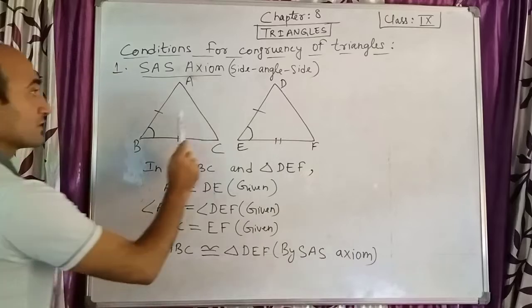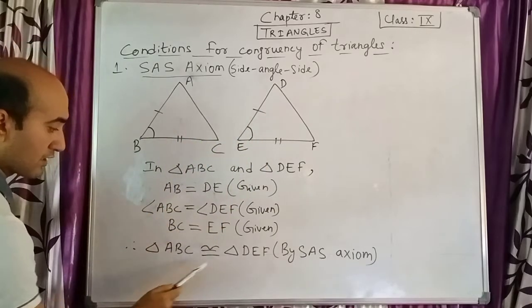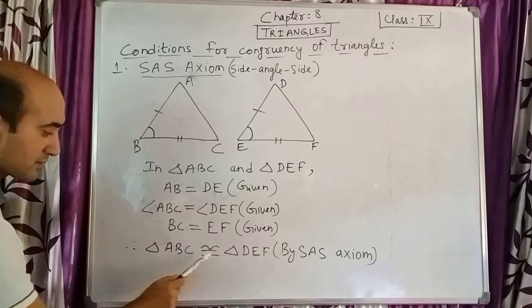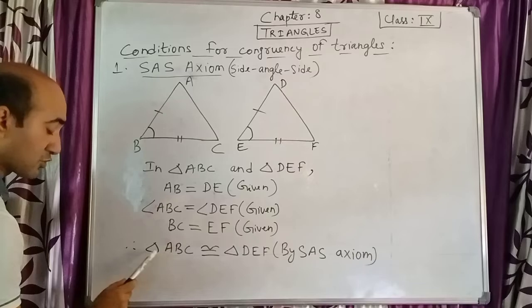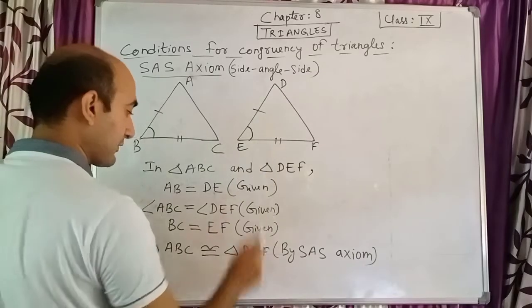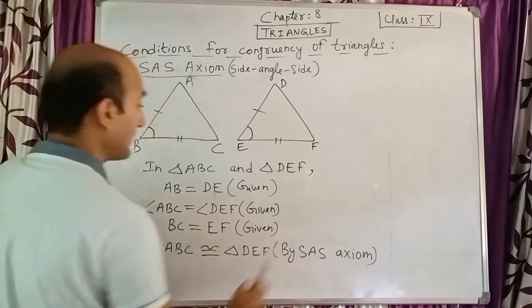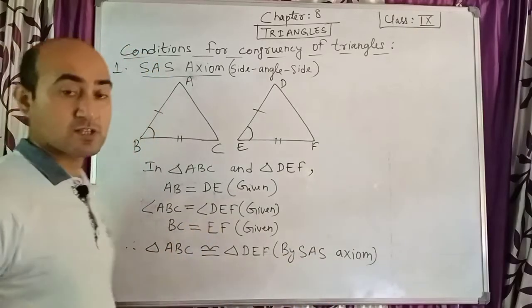Then we can say these two triangles are congruent. This is the symbol of congruency, an equal to symbol with a small mark on top. So triangle ABC is congruent to triangle DEF by the side angle side axiom. This is the first condition.